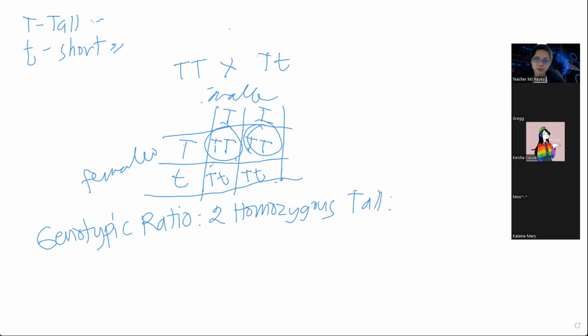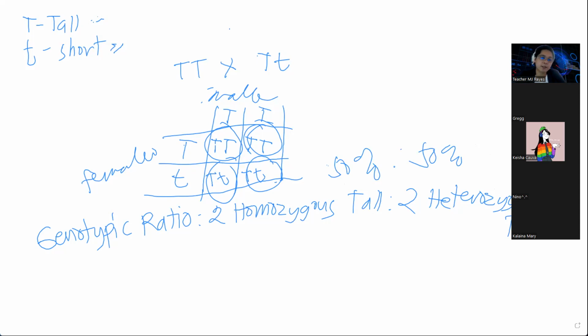Is 2 heterozygous because it carries a gene for short. Heterozygous tall. Or 50% homozygous tall and 50% heterozygous tall. Or 50-50.